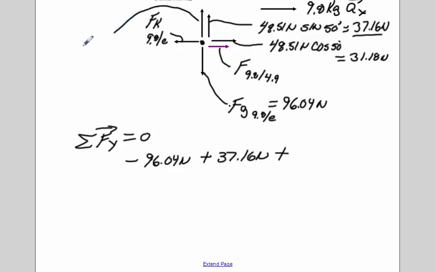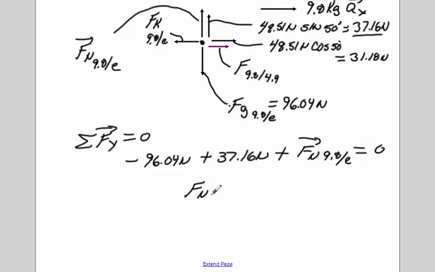Let's do that quick. That's the F normal on the 9.8 by the Earth. We set that equal to 0, and we will solve for that.